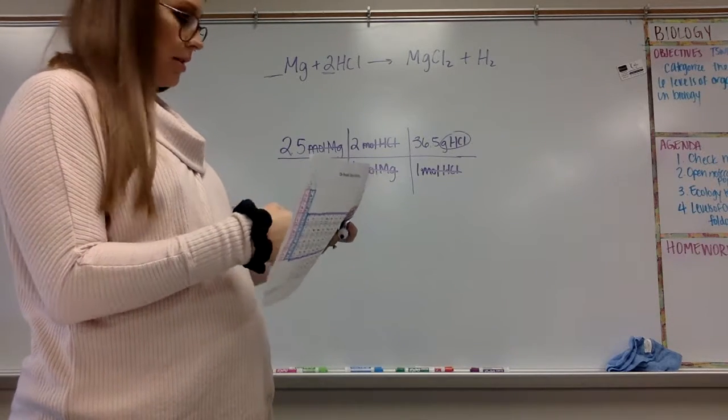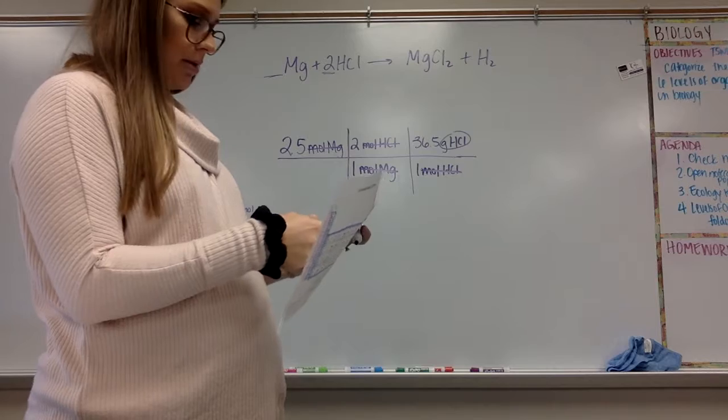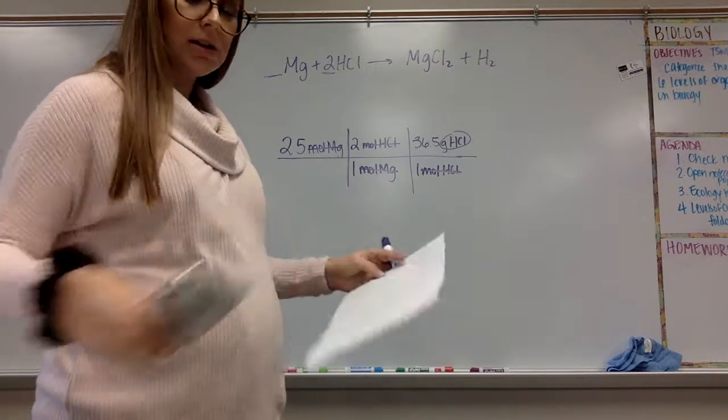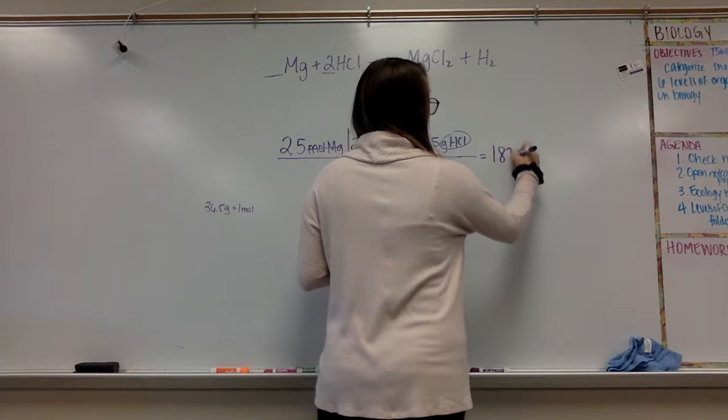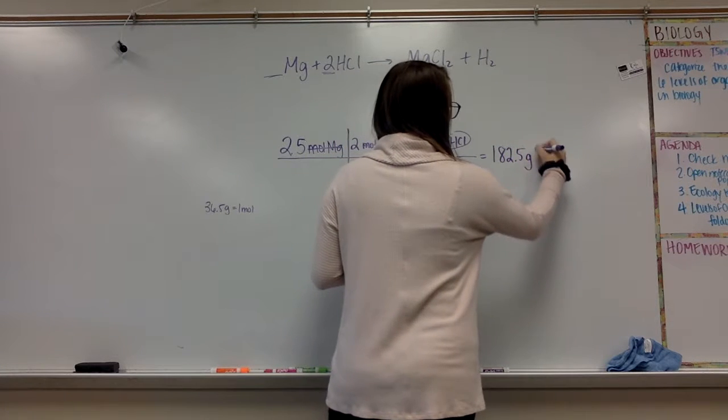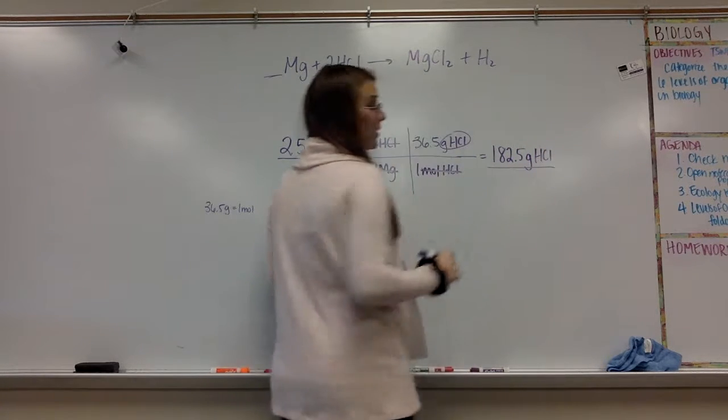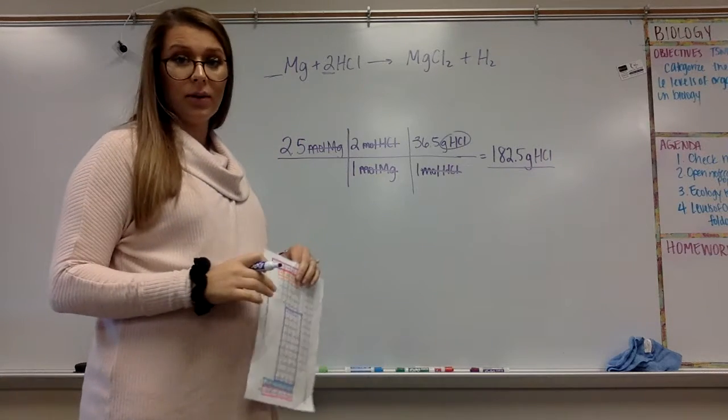So 182.5 should be your final answer. And make sure you label that grams of HCl so that we know exactly what you're talking about.